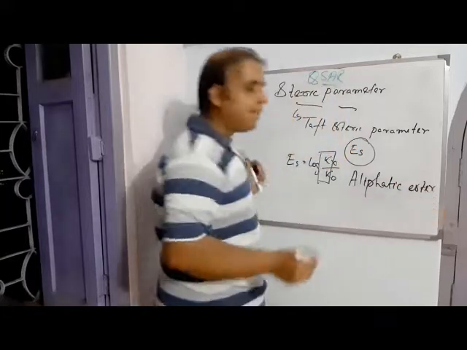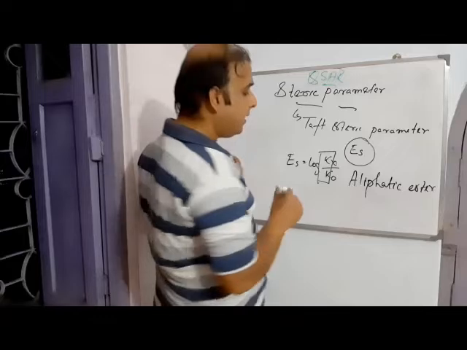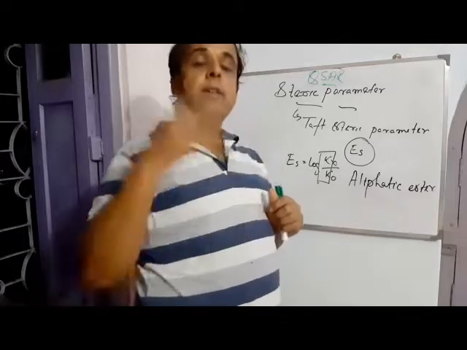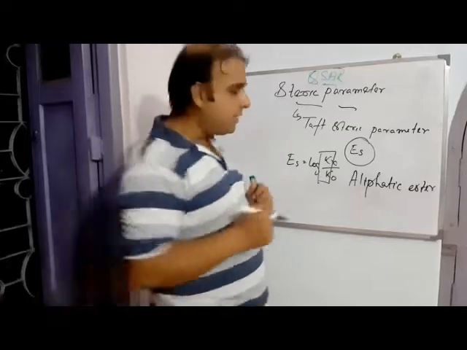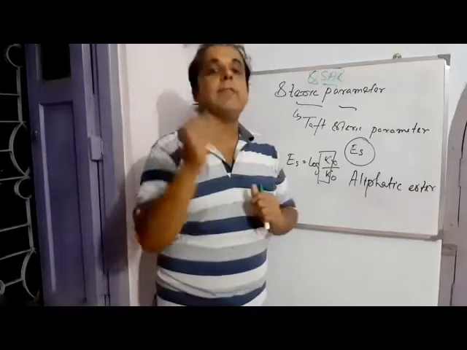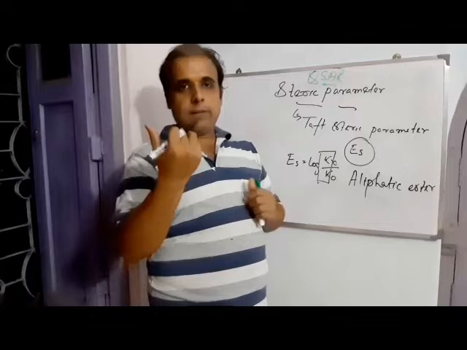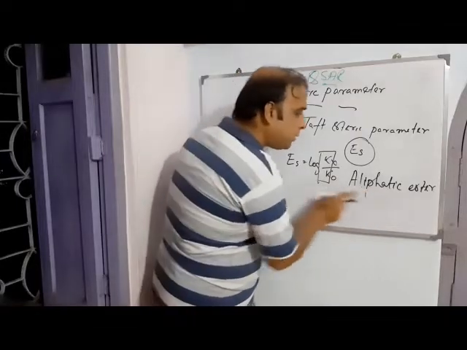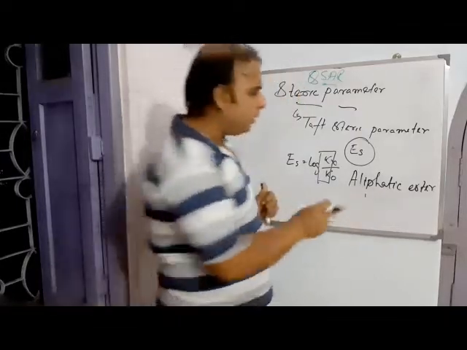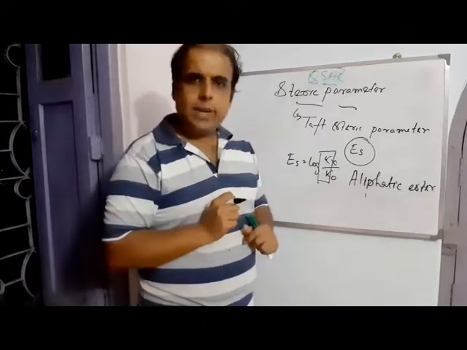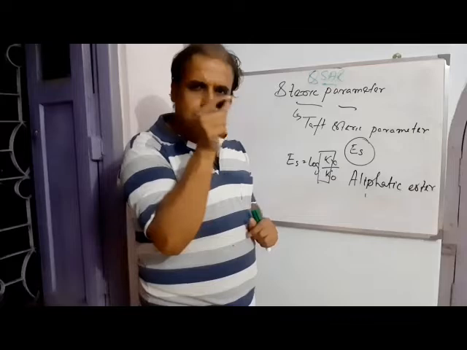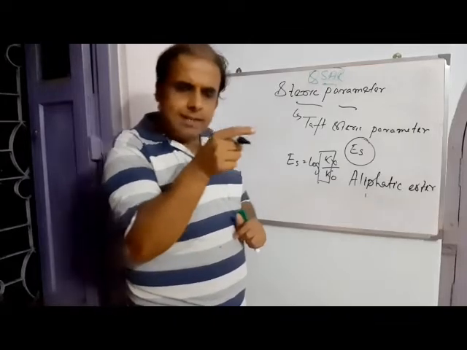So they have taken a standard aliphatic ester, and acidic hydrolysis of the ester is the reaction which they are monitoring. That means whether the hydrolysis is faster or slower. For the unsubstituted standard aliphatic ester, we have a particular rate constant, that means it will follow a certain pace, right?